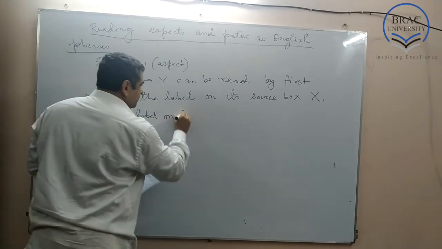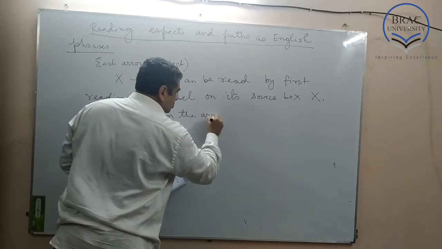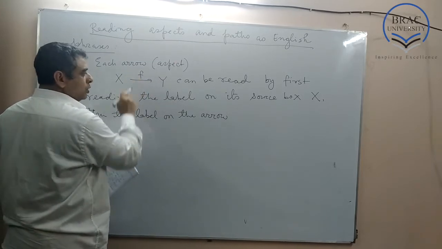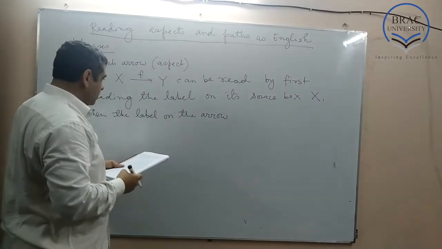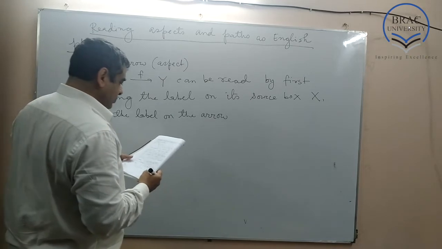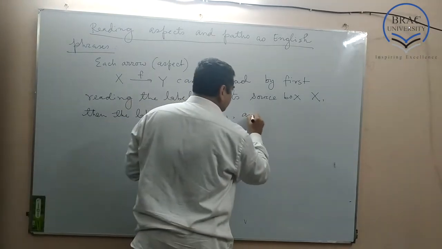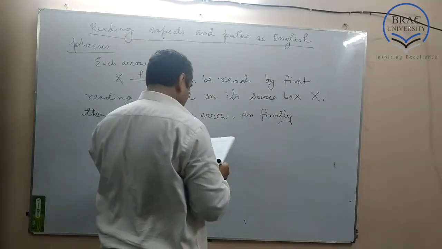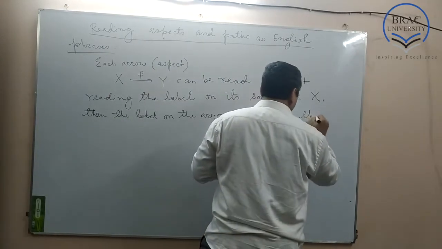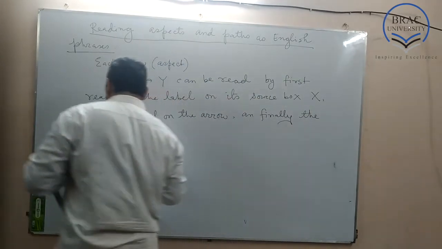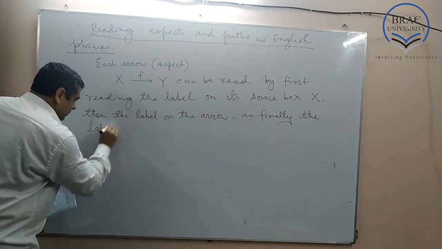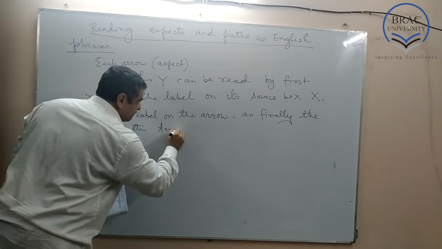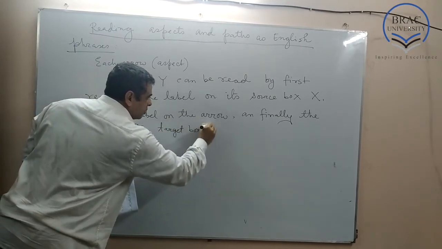There will be a text written above the arrow. We have to read that. And finally, the label on the target box Y.